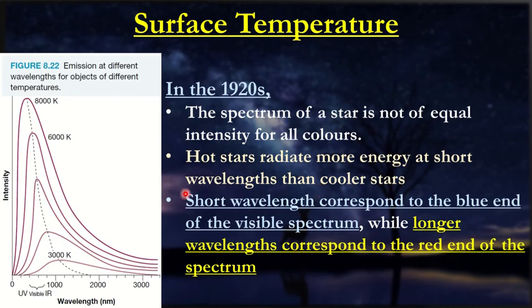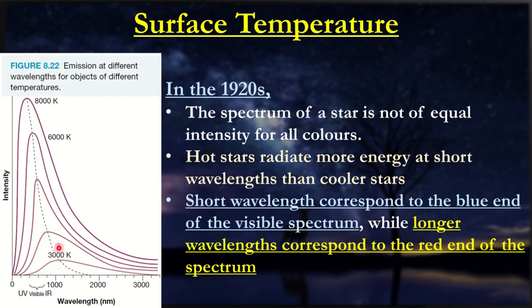So let's have a look at this. I said that the higher the temperature we go, the more blue color we see. Why is that? Because as you increase the temperature, we see a greater intensity of the wave favoring the shorter wavelengths.